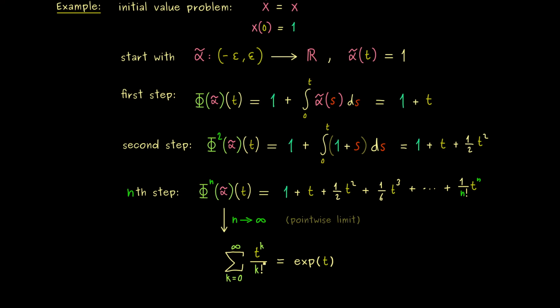So now, in summary, we see that we have a pointwise limit for this iteration, and it's given by the exponential function. But we also know that the iteration phi n alpha tilde converges by the Banach fixed point theorem. And this means there is a unique uniform limit for this convergence.